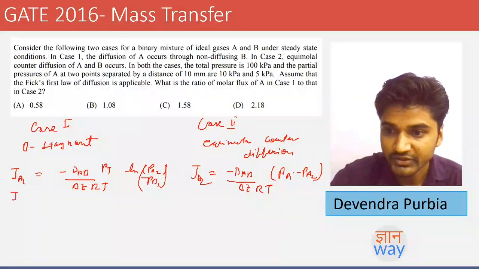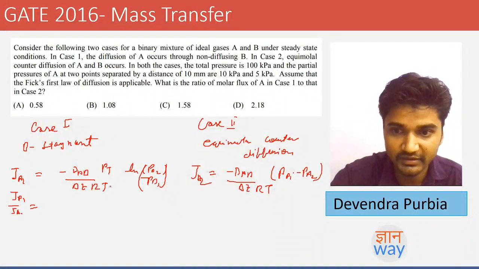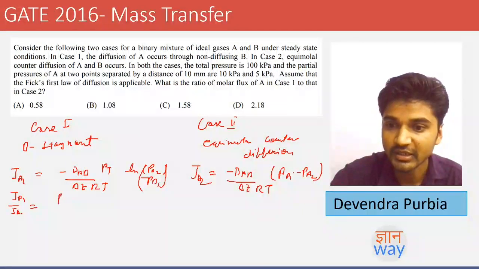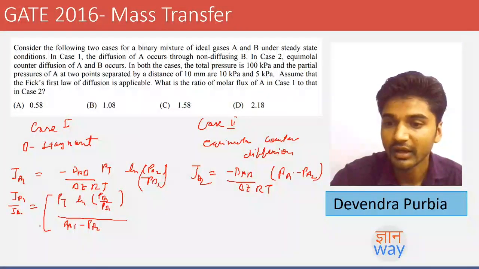So dividing J_A1 by J_A2, D_AB gets cancelled, delta Z gets cancelled, RT gets cancelled, and it will come as P total times ln of P_B2 by P_B1 divided by (P_A1 minus P_A2), and the total pressure is given as 100.